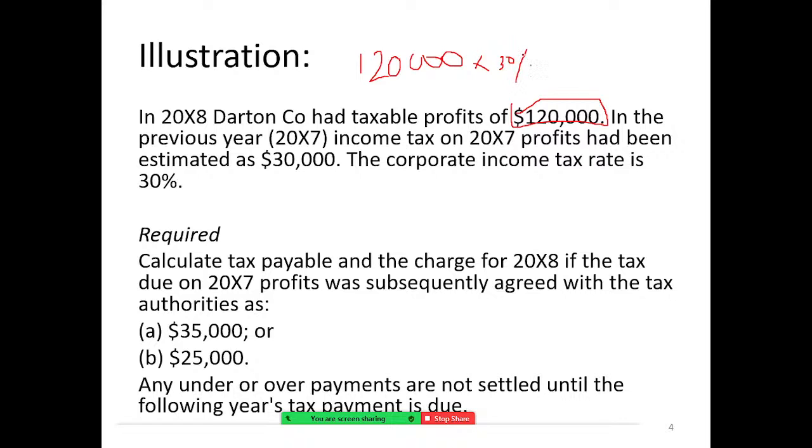How much? 36,000. Right. And the income tax on 2017 profit had been estimated. So this 30,000 is paid or payable? This 36,000 is paid or payable?